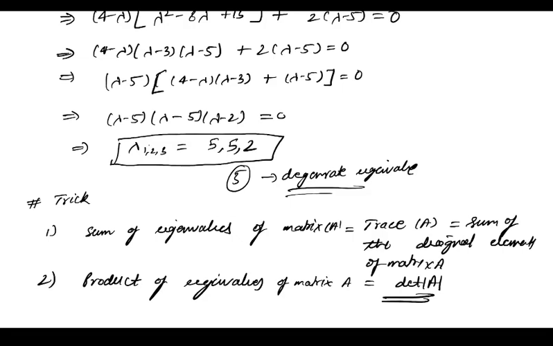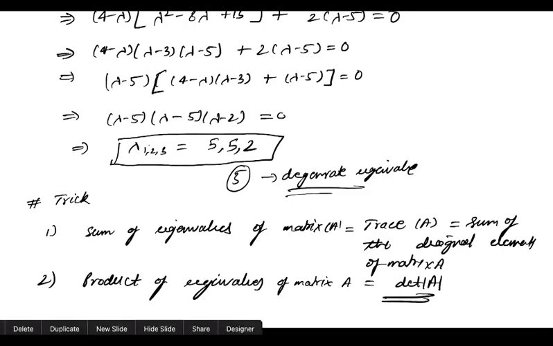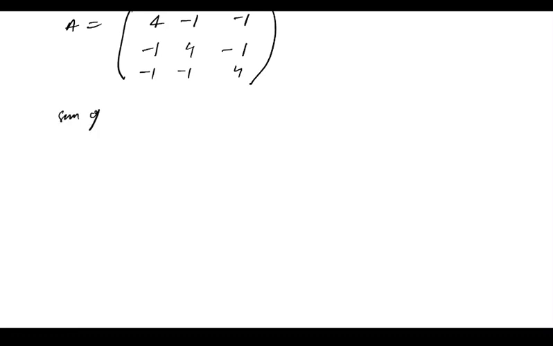So we use these two properties, and we can find the answer in shorter time. Writing matrix A again: 4, -1, -1; -1, 4, -1; -1, -1, 4. The sum of eigenvalues will be the trace, the sum of the diagonal elements, so it is 4 plus 4 plus 4, 12.